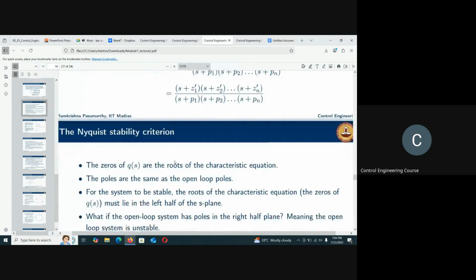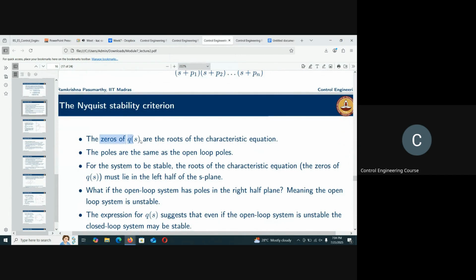So the zeros of Q of S are the roots of the characteristic equation, which is the closed loop poles, whereas the poles of Q of S are the same as the open loop poles. Got it?